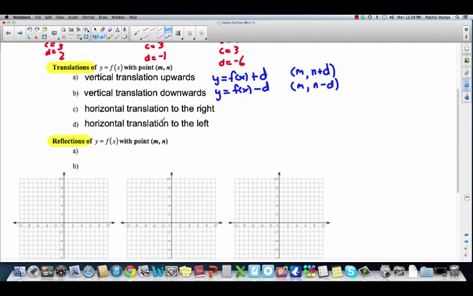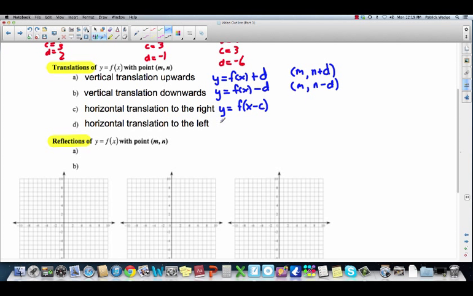Okay, similarly, horizontal translation, what does that look like? Well, that looks like y equals f, and inside the function, x is going to be plus or minus, if it's going to the right, minus c.